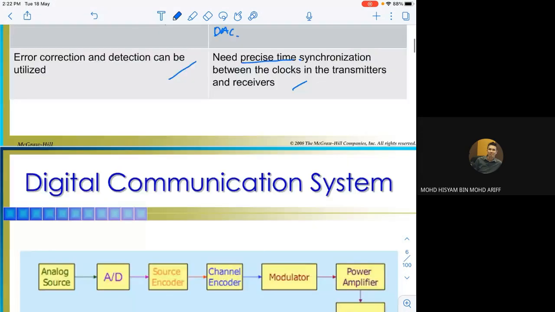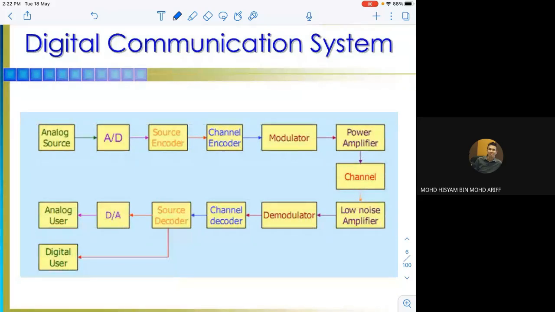Now this is the digital communication block diagram. Analog source, sinusoidal, then analog to digital, ADC, analog to digital converter. What happens here is that the analog to digital converter requires 3 processes. ADC is very simple.